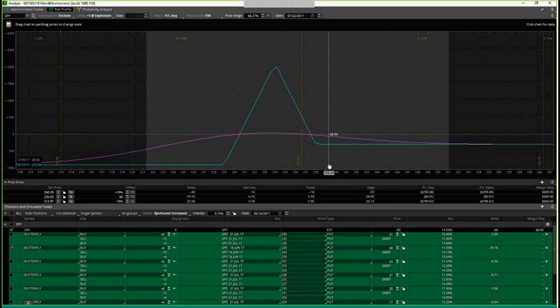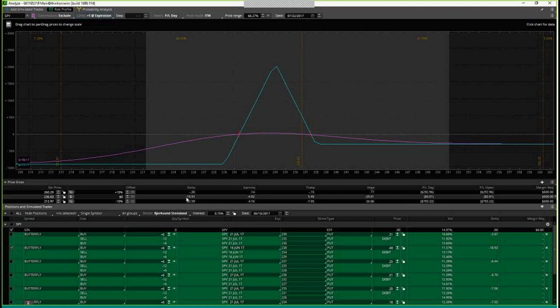Because if you have a delta of 0 and negative gamma and negative Vega, as you move down, the gamma and the Vega will end up making the delta worse.